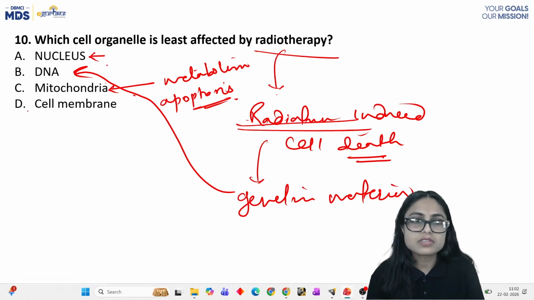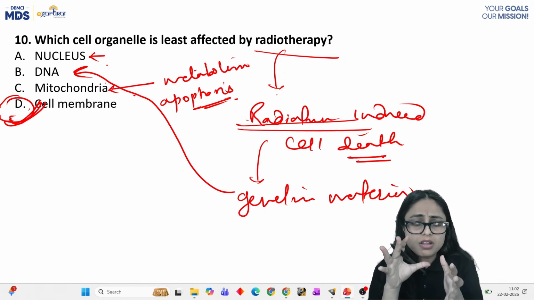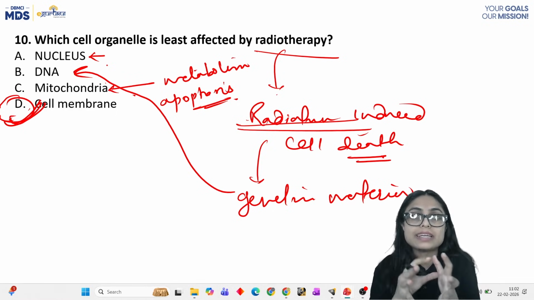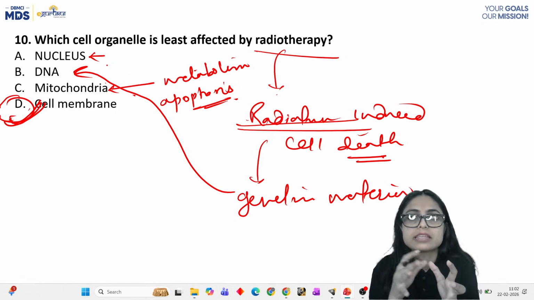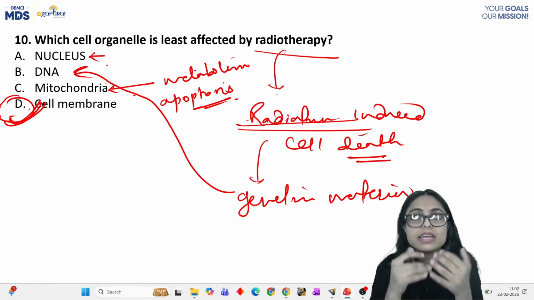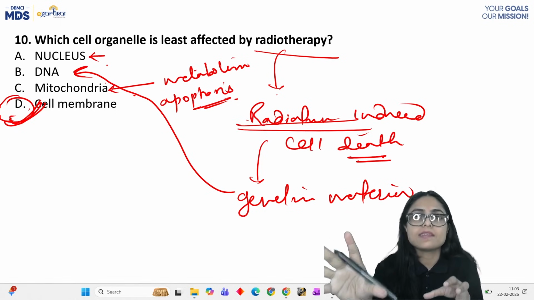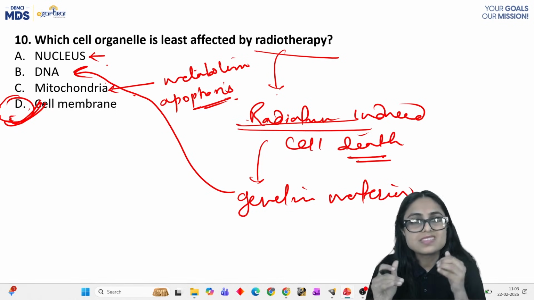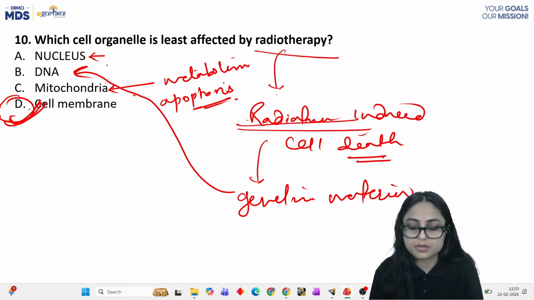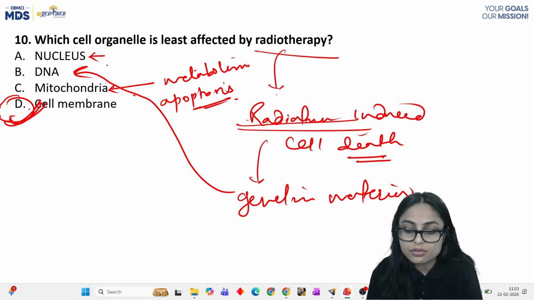The cell membrane is the structural component. Radiation mainly targets the DNA and the nucleus rather than the structural component, so the cell membrane is least affected by radiotherapy.